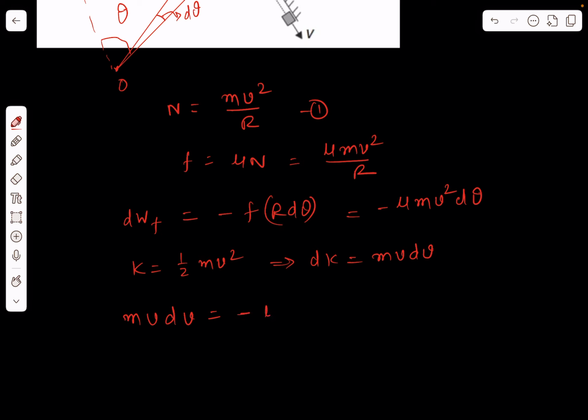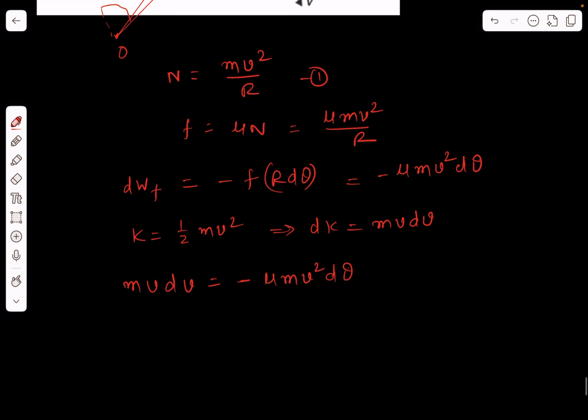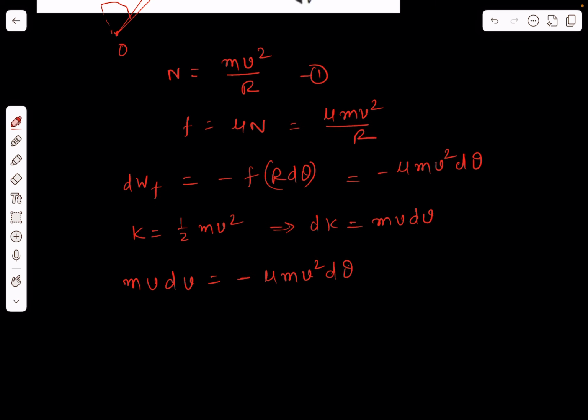So minus mu m into v squared into d theta, and then if we simplify it, m gets cancelled, one v will get cancelled.